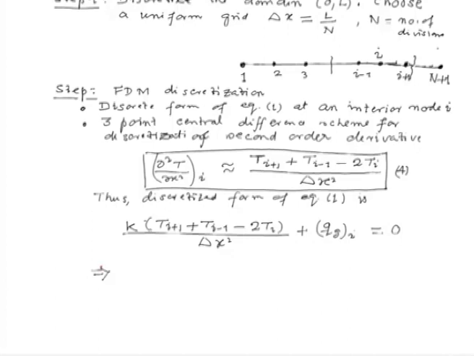So, we can multiply it by delta x square by k, keep these unknown temperature terms on left hand side and the known source term, let us shift it on the right hand side.